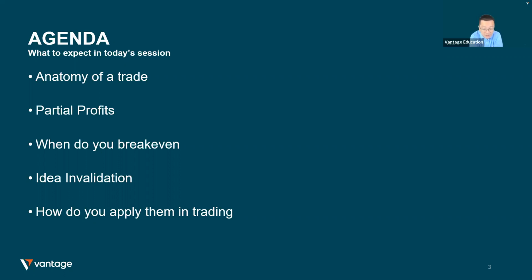Where do you even start considering closing out partial profits? When do you break even? When do you start thinking about moving your trade towards a break even level? The idea invalidation. When do you start thinking that your analysis might be wrong and you just want to get out of the trade as quickly as you can? And then how do you apply all of them into trading?